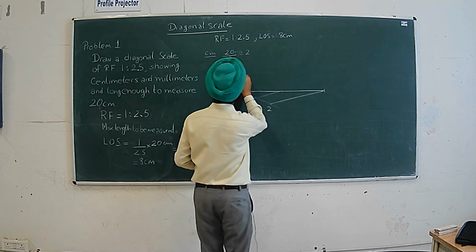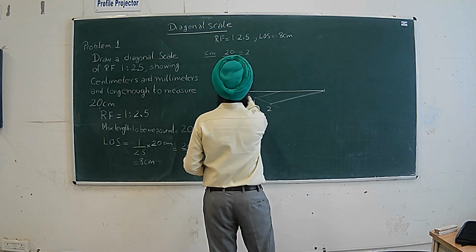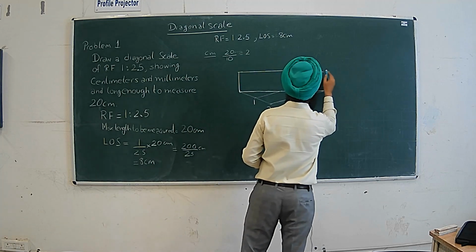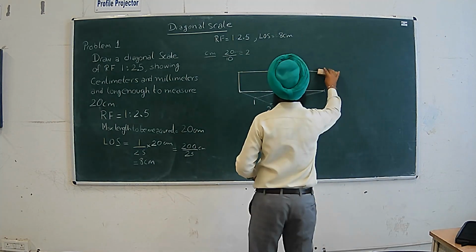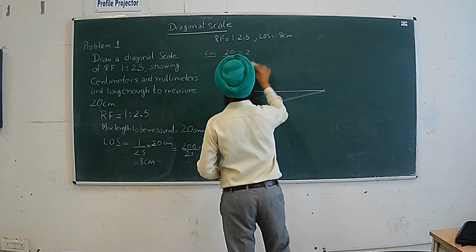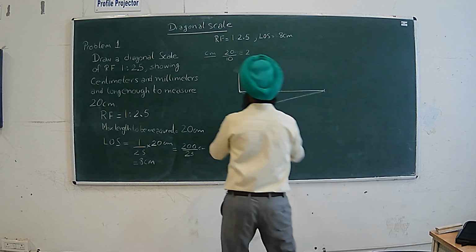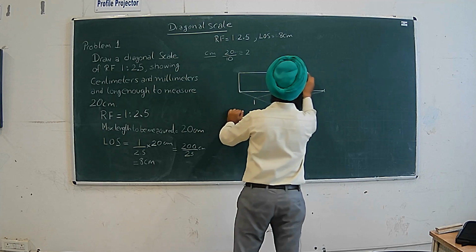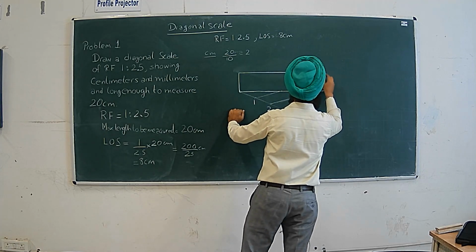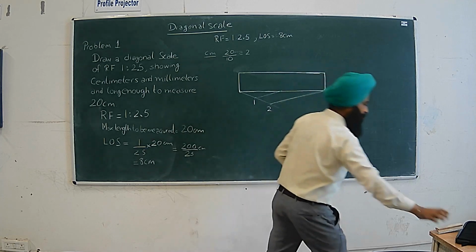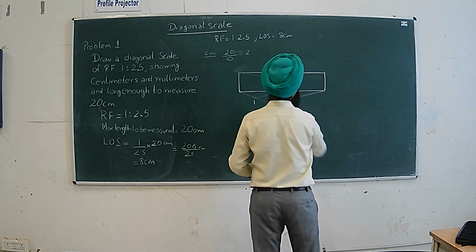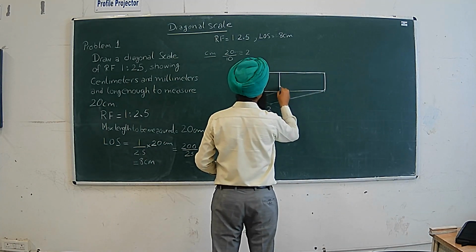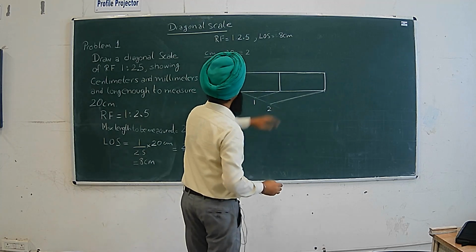So this line you can draw 40 to 45 mm. So this is our scale, diagonal scale with two parts.